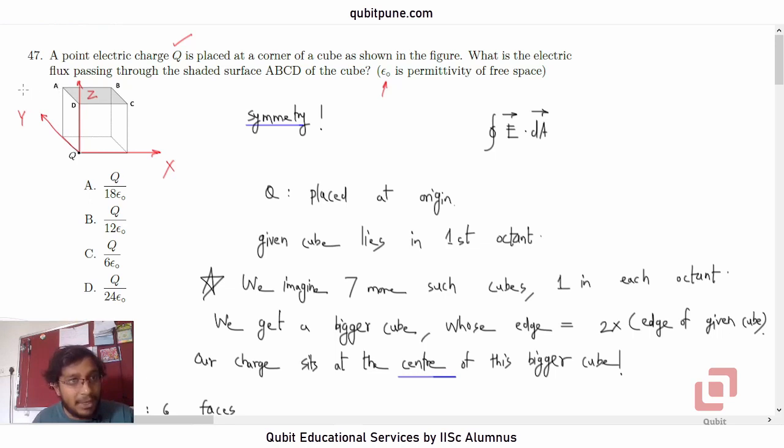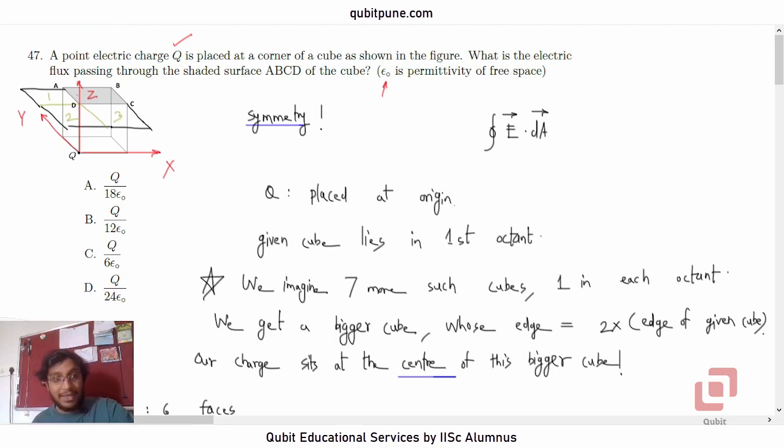That face will look something like this. Note that it already has this ABCD as a part of it, but now we are going to get 3 more such things: 1, this is 2, and this is 3. And this is to be expected from each face of our bigger cube.